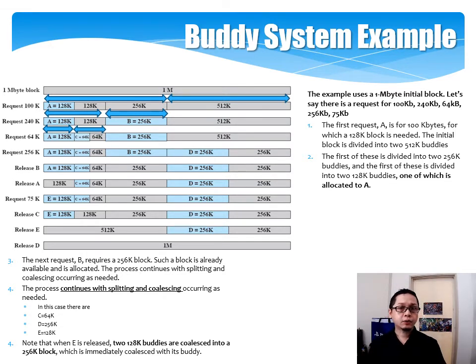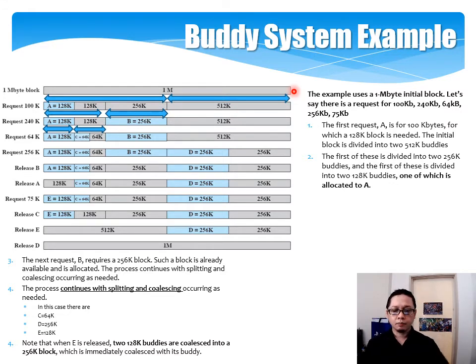Based on the request, it will make the closest partition that can fit the process request. For example, we have requests for 100 KB of process space, 240 KB, 64 KB, 256 KB, and 75 KB. In this example, we have 1 megabyte of memory block that can be used by multiple processes.